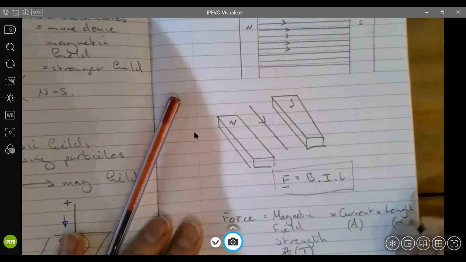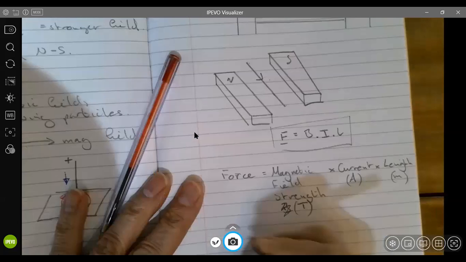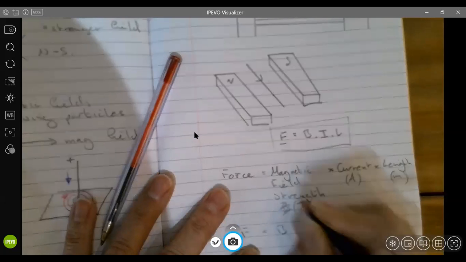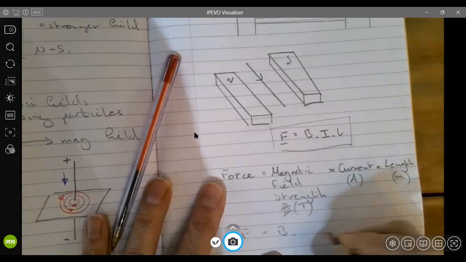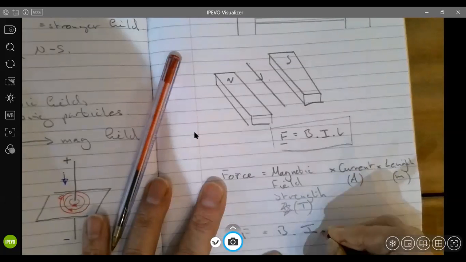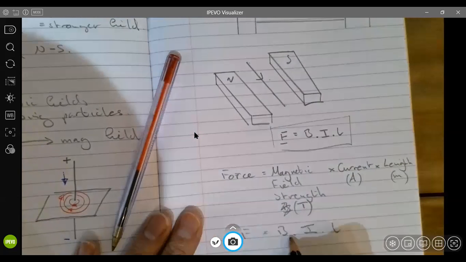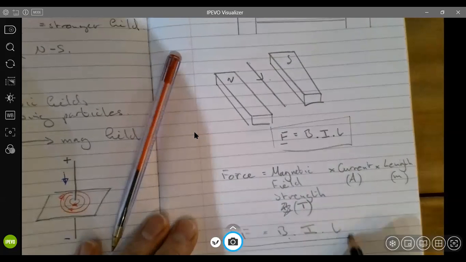Then underneath, write force is equal to B, which is our magnetic field strength in Teslas, times current, which is I, in amps, times length, L. So as you can see, force is equal to BIL. You need to make a note of this.